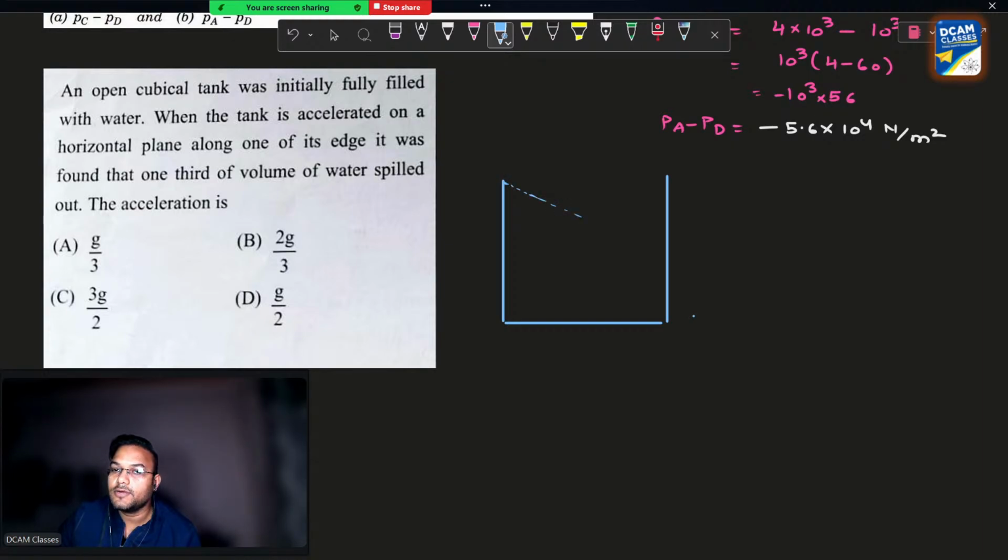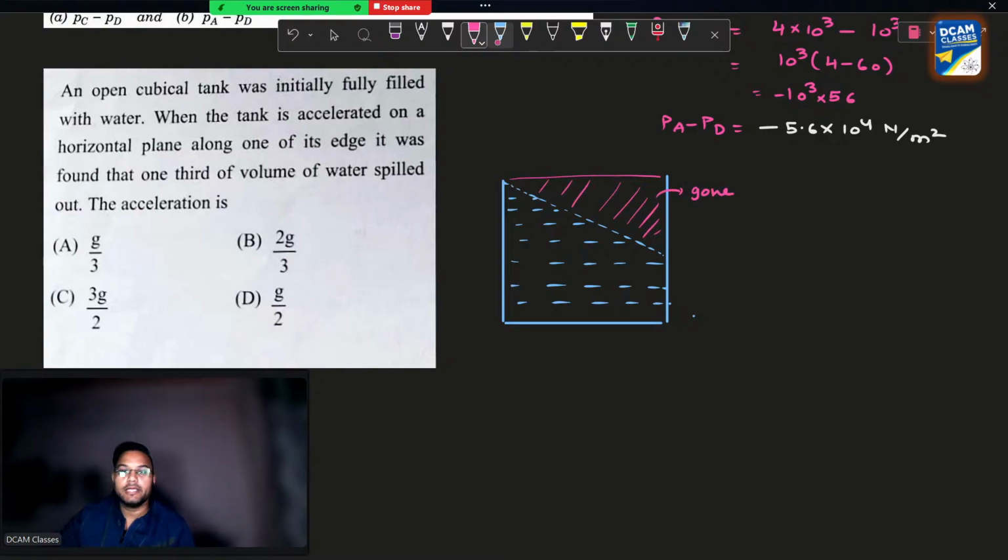One third of the water was spilled out. So what has happened? Out of its total volume, this much water is gone. This much water. Correct? And they say it's one third.